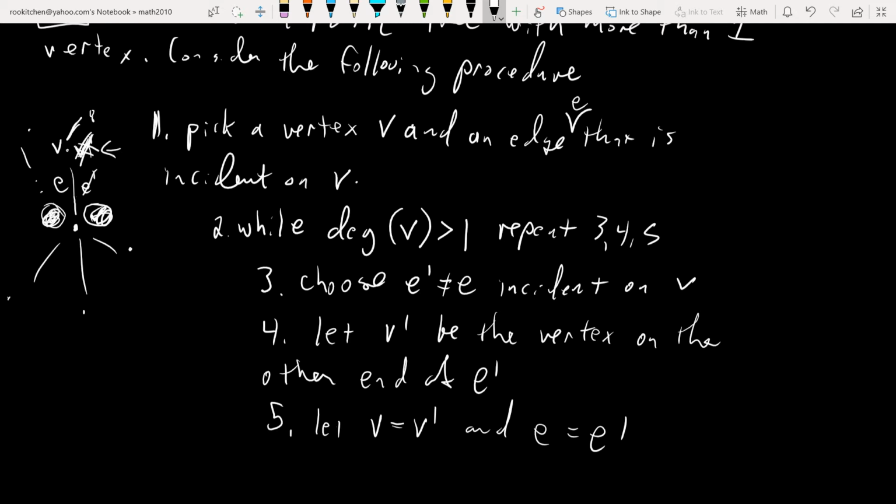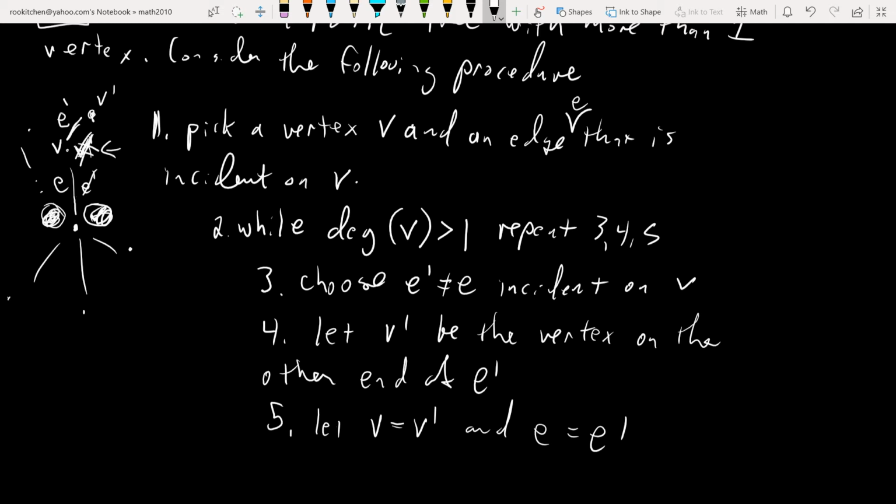Okay, and then you just continue, right? If the degree is greater than 1, then you pick an edge incident on V that's not E. So, still working on the graph to the left, call this edge E prime, and call the vertex on the other end of it V prime.